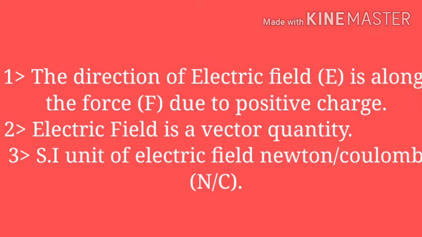From this relation, we can find number 1, since Q0 is taken positive, the direction of electric field E vector is along the force. Number 2, electric field is a vector quantity whose magnitude and direction are uniquely determined at every point in the field. Number 3, SI unit of electric field is Newton per coulomb, which can be written as Newton Coulomb inverse.